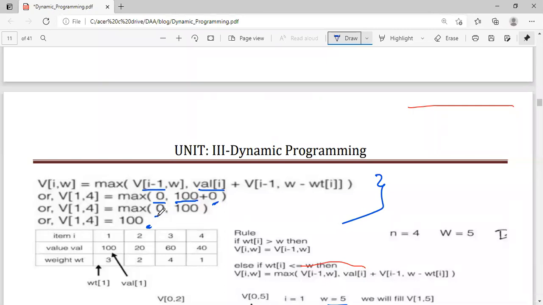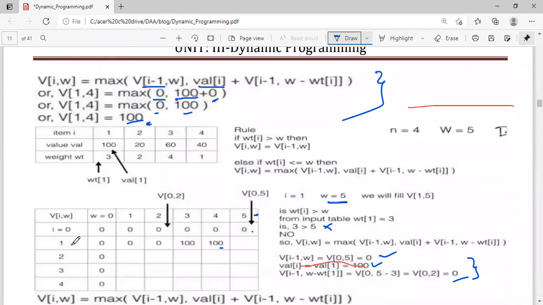From the 0 and the 100, which one is the maximum? The maximum number is 100. So we need to select the 100 and, for 1 comma 4, you need to add 100. Okay, so this is the answer we got for 1 comma 4.